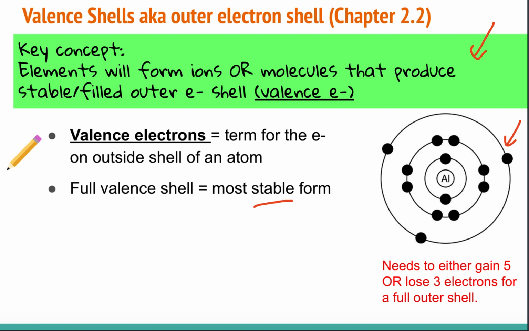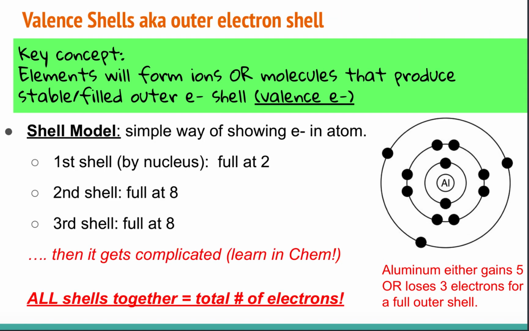So we're going to learn that in terms of the shell model, the shell that is closest to the nucleus, so this is the nucleus here, has a maximum of 2 electrons. The second shell, the next shell that surrounds it, has a maximum of 8 electrons that it's able to hold. And the third shell, for our purposes, has a maximum of 8 electrons.